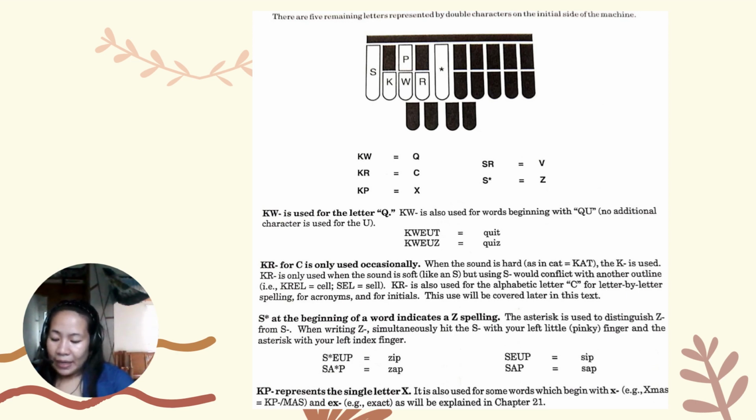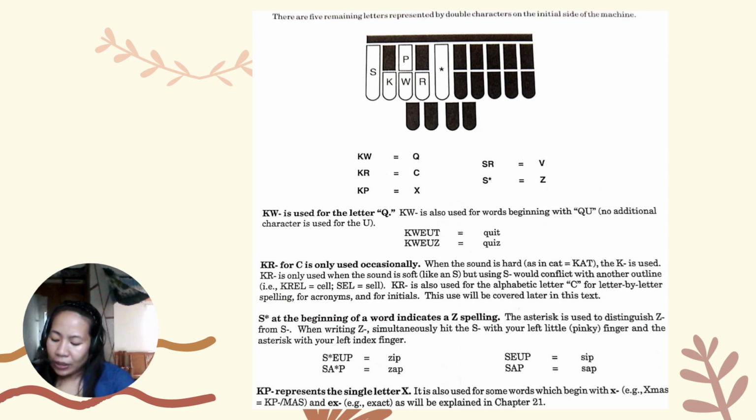Then zap would be S, then A asterisk and P. If we say just sip, not zip, we just press S and then EU and P. For sap, it's S, A, and P.